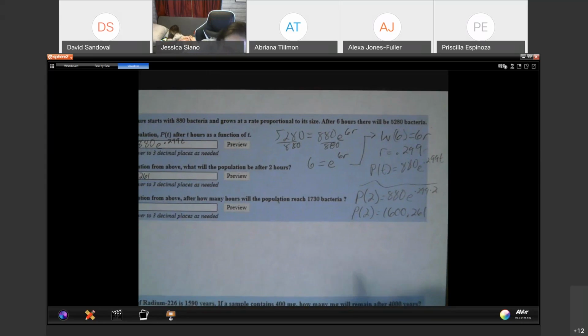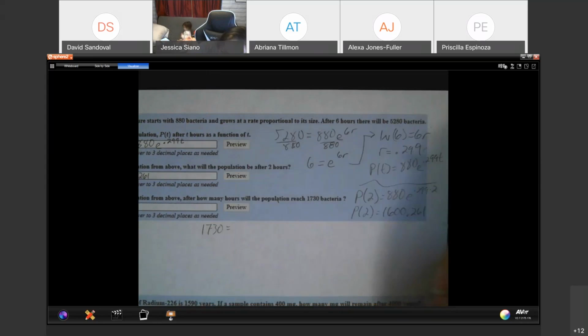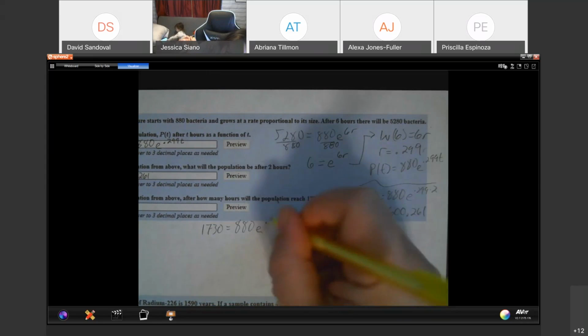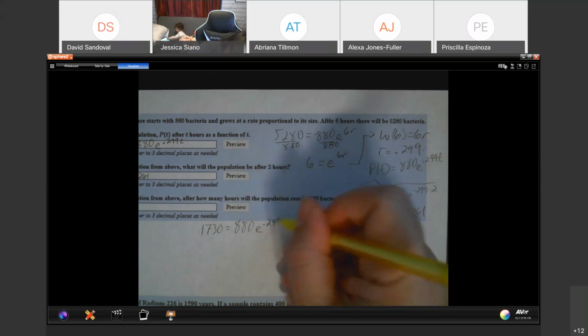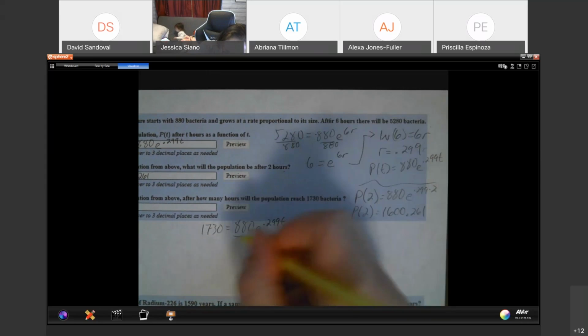And then how many hours will it take to reach 1730? So 1730 equals 880 e to the 0.299 t. Divided by 880.